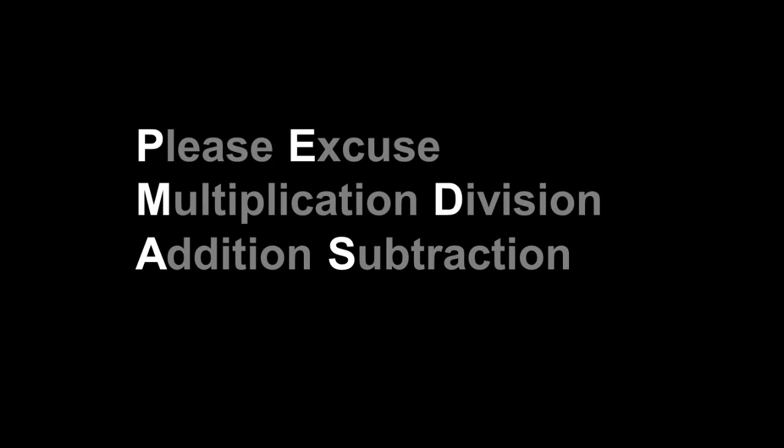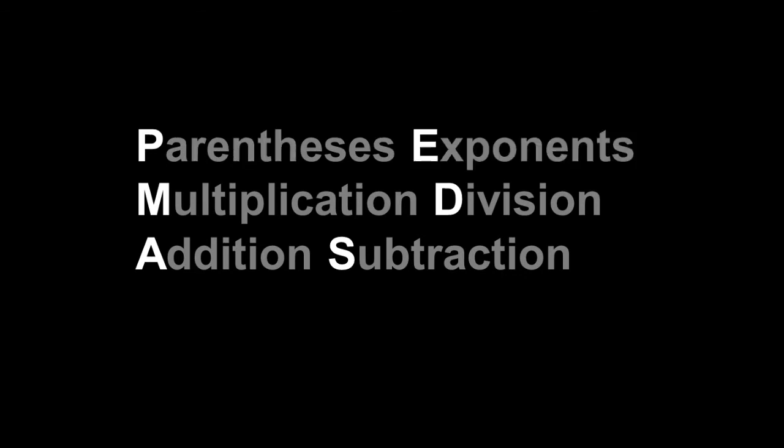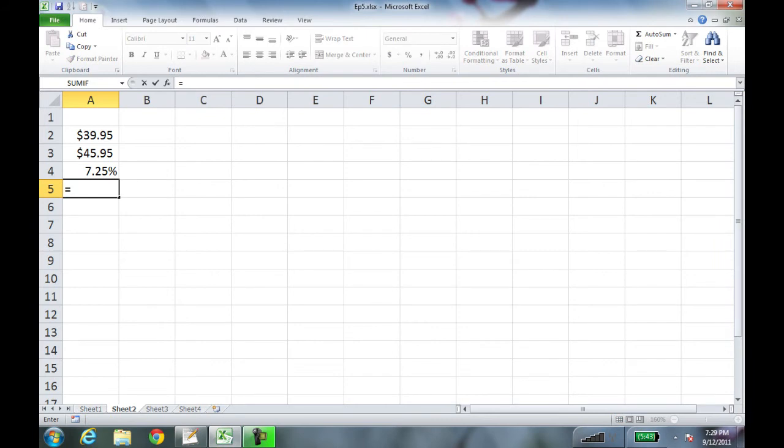If you guys don't remember this from back in school, the Please part of Please Excuse My Dear Aunt Sally is parentheses. So in my situation right here, when I want to take two different things and add them together first and then multiply them by the sales tax, what I've got to do is I've got to put in my equal sign, and I take my first value plus my second value times my third value.